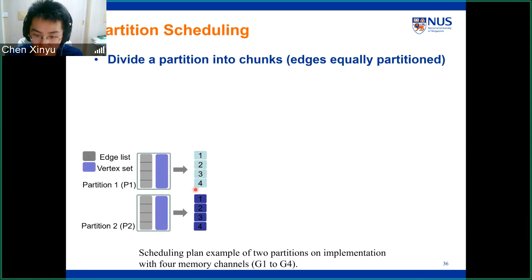This is because for some small graphs, if it only has one partition and we do not separate it into different chunks, we can only use one kernel group, right? But if we further separate the partition into chunks, we can fully utilize the multiple kernel groups.